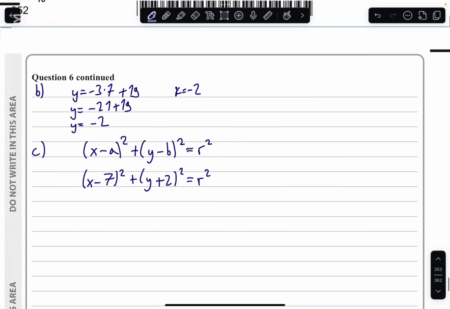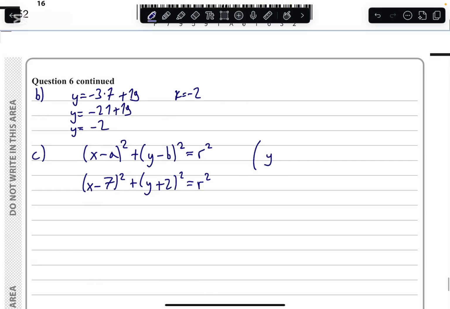To find the distance between two points, we do the y coordinate of one minus the y coordinate of the other, all squared, plus the x coordinate of one minus the x coordinate of the other, squared, and take the square root of all of that.